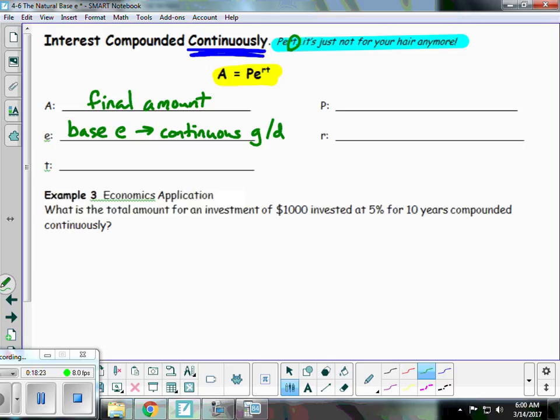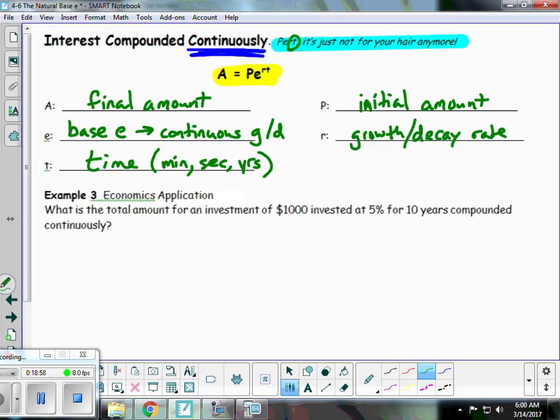T is our time, and that could be any time: minutes, seconds, years, whatever. P, the capital P, is the initial amount, so what you start with. And R is your growth or decay rate.